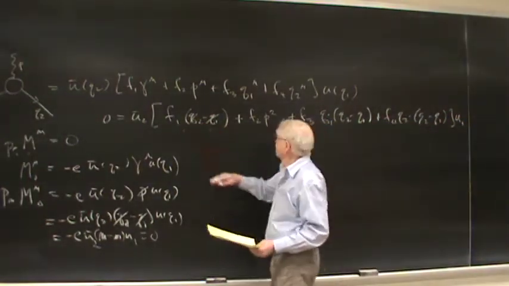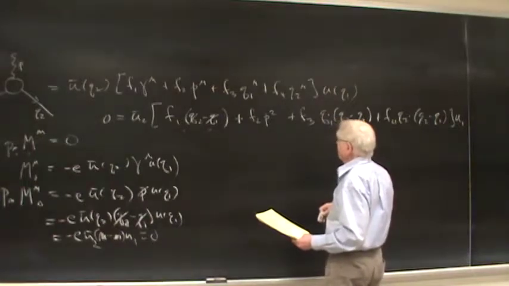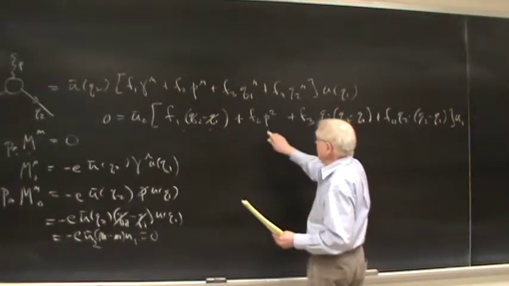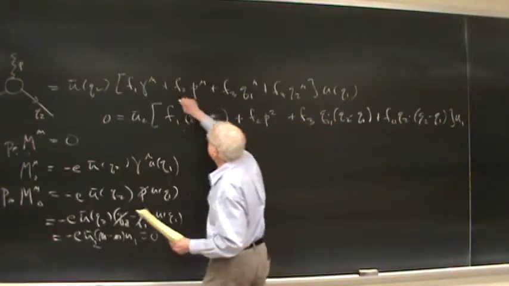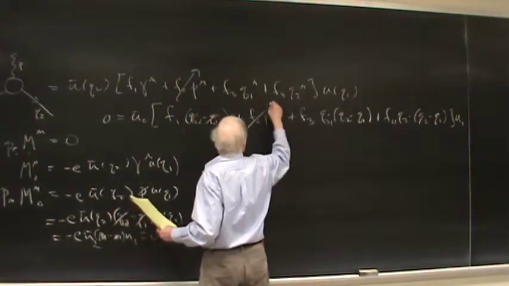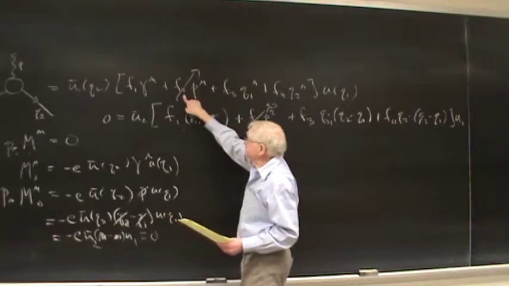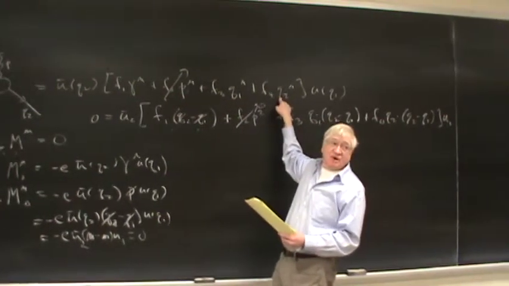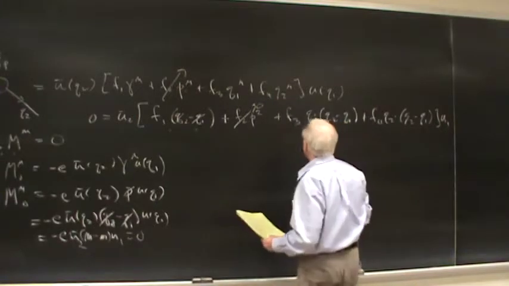This is automatically 0. And we already said that we're going to get rid of this term because we're going to re-express P. We can re-express P mu in terms of Q1 and Q2. So F2 was already gone.